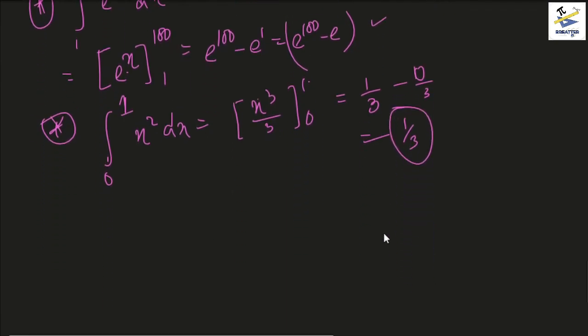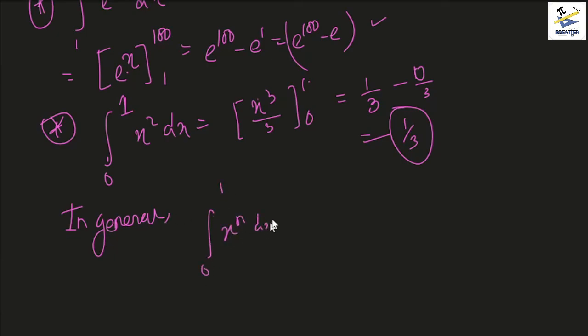So in general, for this kind of integral, the integral from 0 to 1 of x to the power n dx is equal to 1 by n plus 1, where obviously n is not equal to minus 1, because otherwise the integral is just log of x, and log of 1 minus log of 0 is not defined.